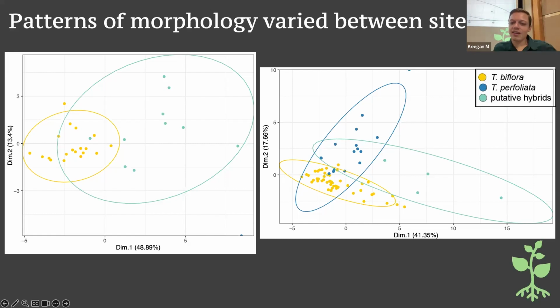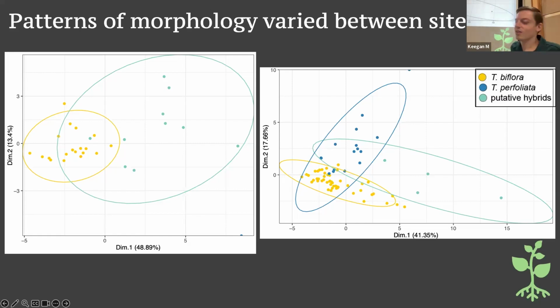And so in these examples, we can see how differences in parental abundance can affect the degree of intermediacy of putative hybrids. At sites where the parental abundances are more equal, which is here on the right, hybrids seem to be more intermediate or equally overlapping with both parental groups.